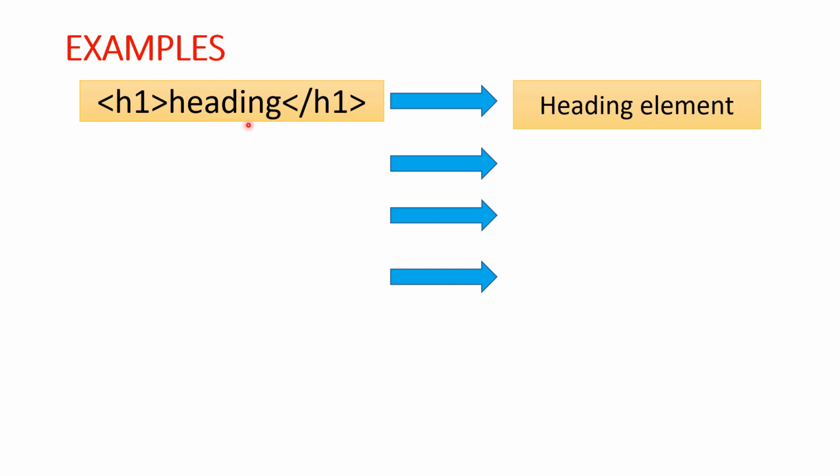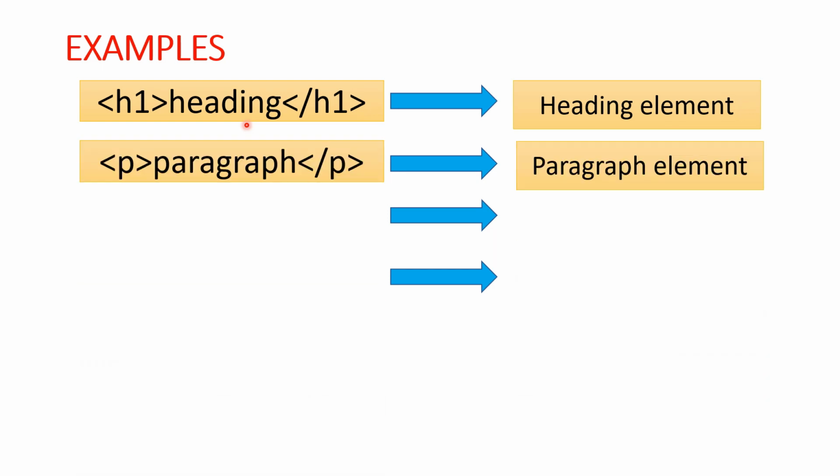So this is the heading element. We will see one more example. This is the paragraph element. For the paragraph element, we have the opening tag, closing tag and the content. Here the content is paragraph and the tag name here is P.